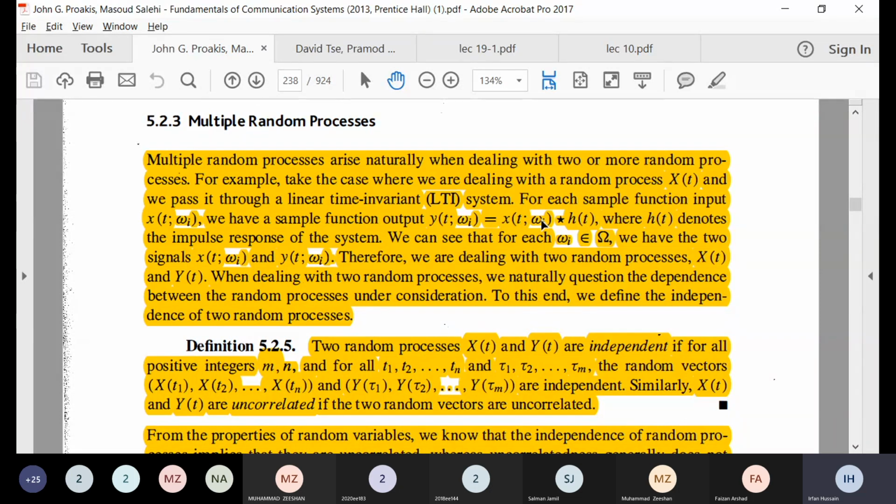This omega is always there, it won't be taken out, so the output will also be a random process. We will also be seeing its proof in detail, but with just a simple logical conclusion or rule of thumb: for every omega i we have a different signal, and at the same time our output will also be different, because for every omega i your x(t, omega) is a different deterministic function in the time domain, hence its output will be different.